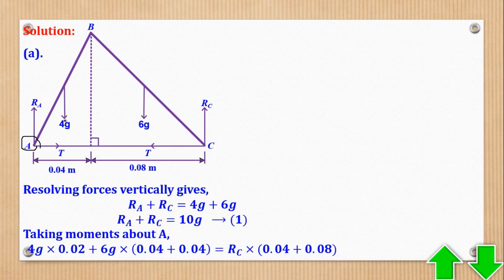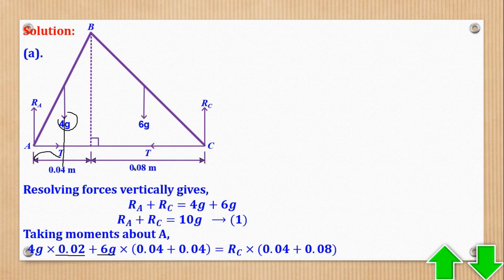So where is it coming from? In this case, there's no way you can get these angles, but the good thing is they told us that the rods are uniform, meaning this is the midpoint. So if you are given this as 4, then the midpoint is from here to here, which is 0.02. Then also if the whole of this is 8, then the midpoint is here, which is 0.04. Therefore, for 4g, the distance is from here up to here, which is 0.02, half of this.